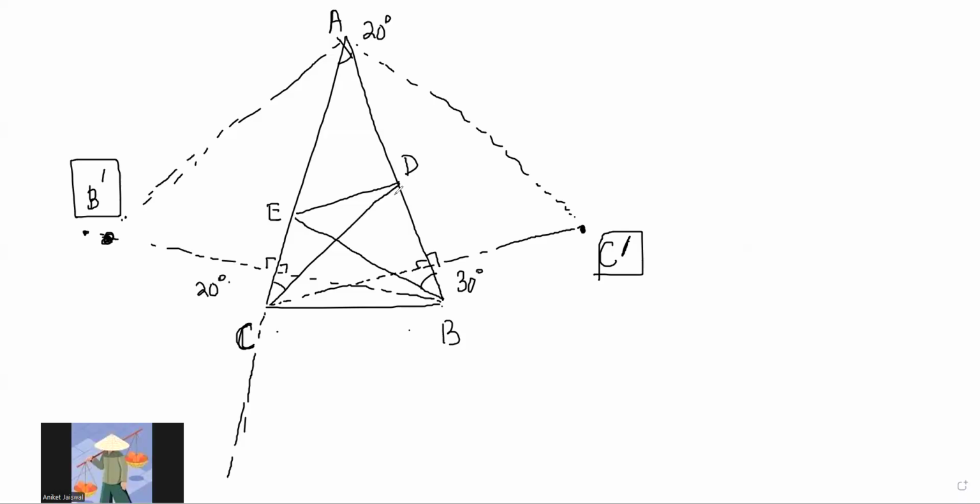And sir, they both are congruent also. What is congruent? They both, since A is equal to AE, the reflection is cutting there. What I mean is that these two triangles are congruent.